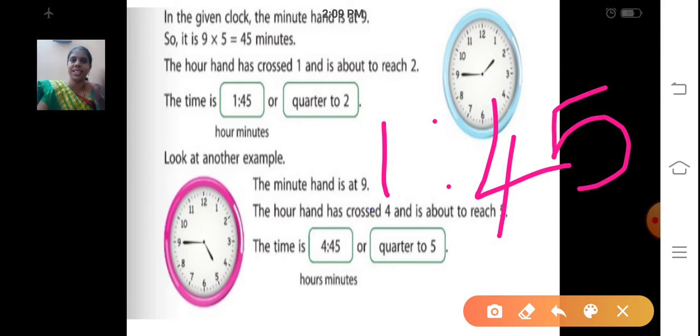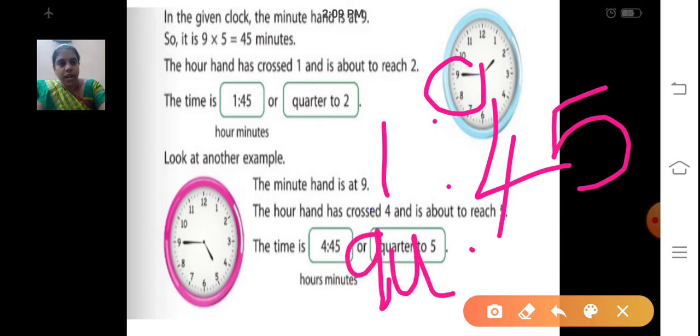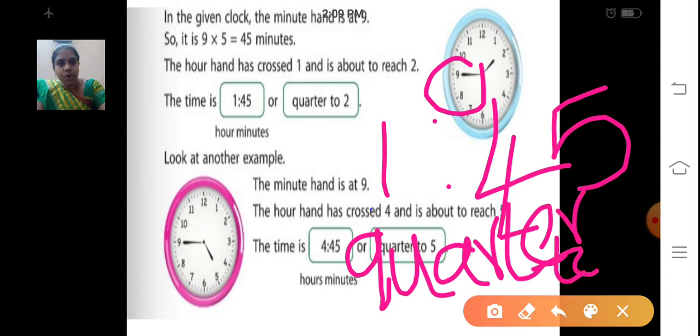How can we say it in other words? Yes, see what I told you. If the minute hand is at 9, we can call it quarter to, isn't it? Quarter to 2. We should not write quarter to 1.